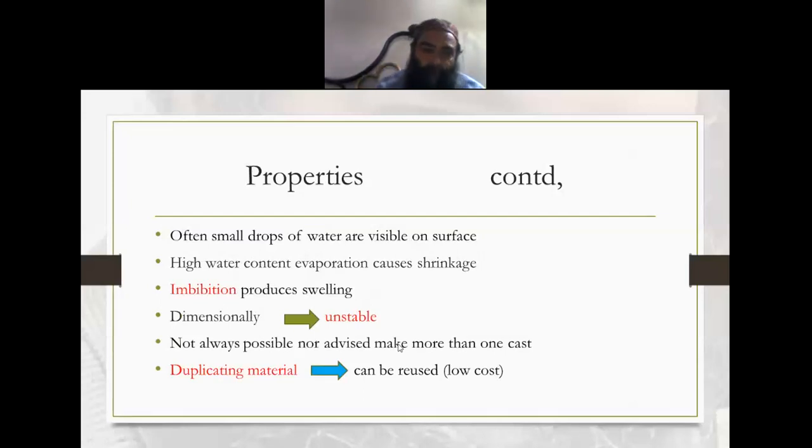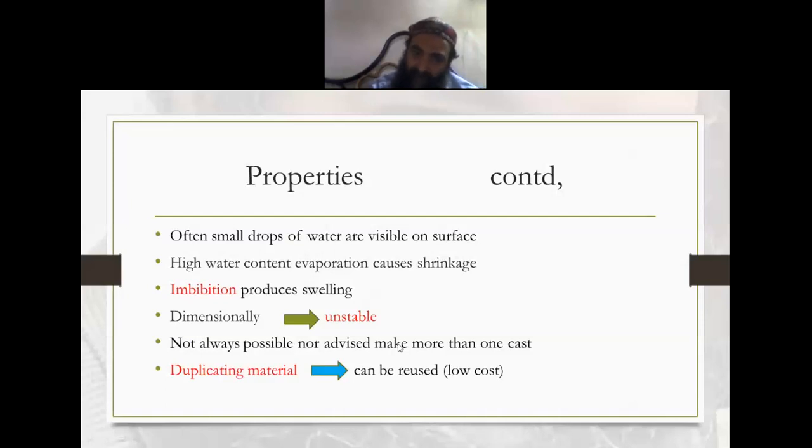Then often small drops of water are visible on the surface, like perspiration. What is this phenomenon? Syneresis. The high water content is responsible for evaporation of water, and ultimately this causes shrinkage. On the other hand, imbibition produces swelling.